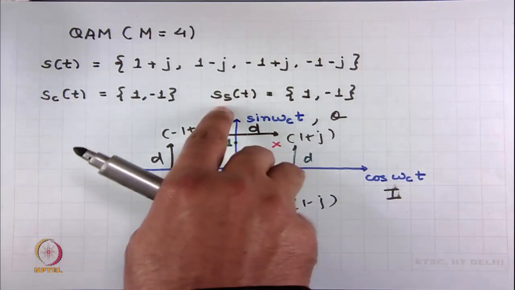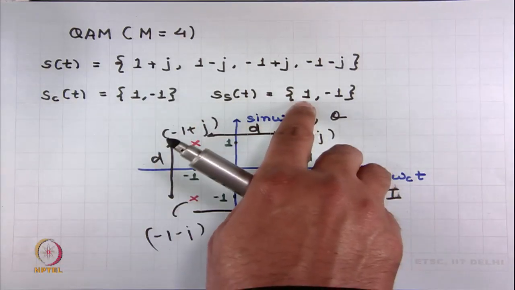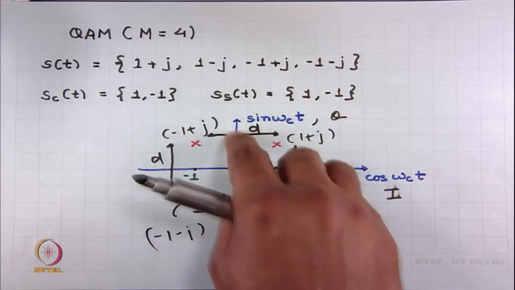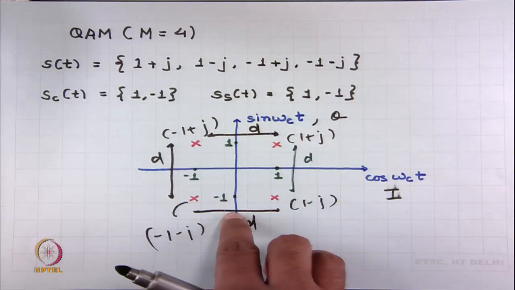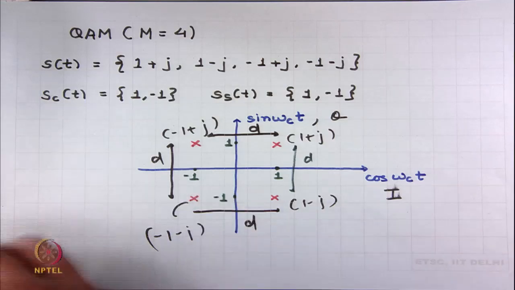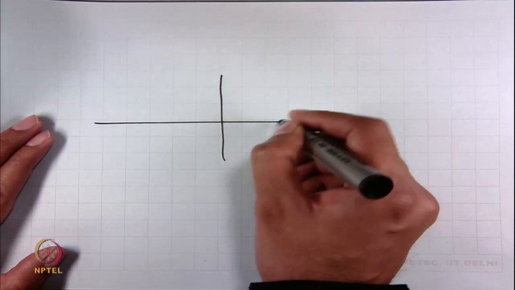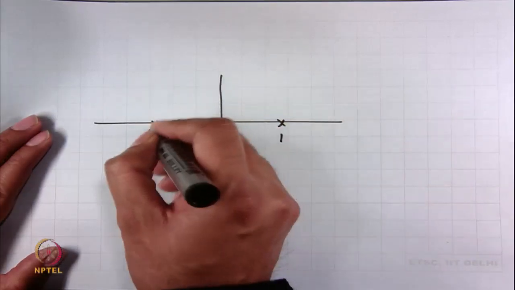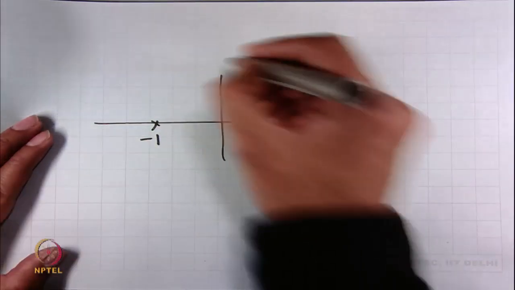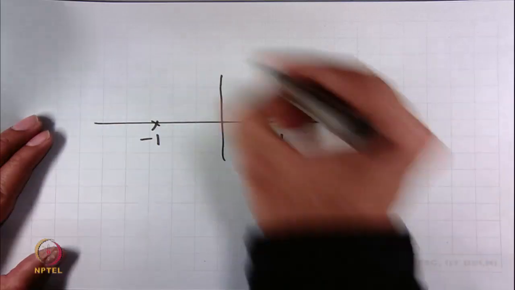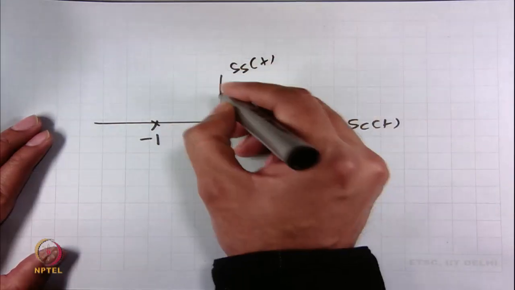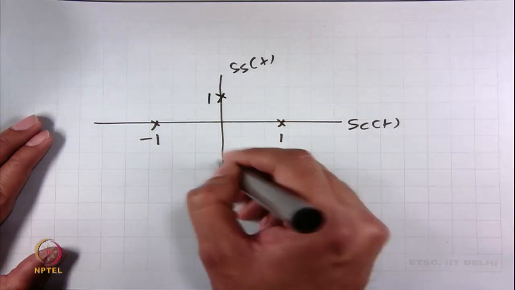Similarly, s_s(t) can take two amplitude levels, 1 or minus 1. So, s_c(t) is along this, s_s(t) can take two amplitude levels, 1 and minus 1.